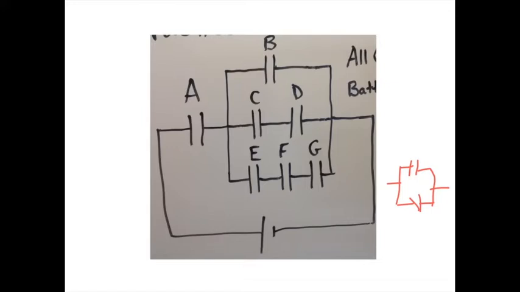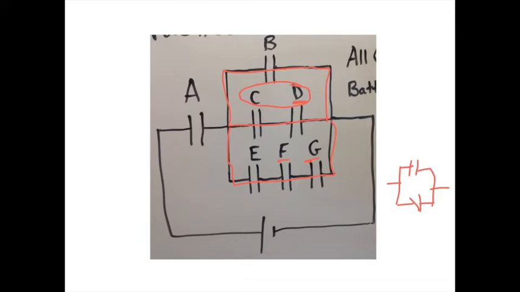But since there's also capacitor D right here, and for that matter F and G, I can't just combine C and E as if they were simply in parallel. Rather, this branch is in parallel with this branch, and for that matter also in parallel with this branch. And so before I can combine C with E, I first have to combine C and D with each other.